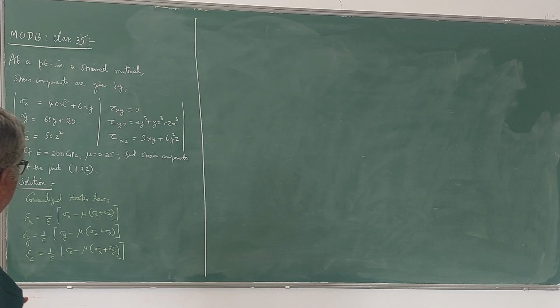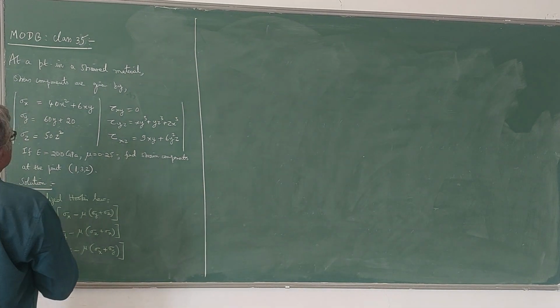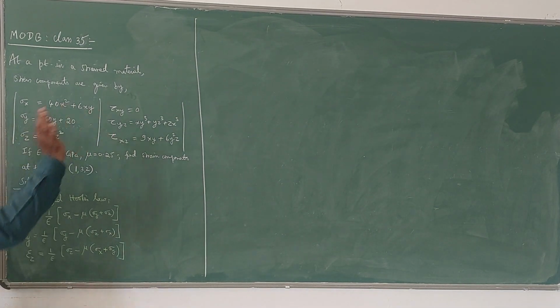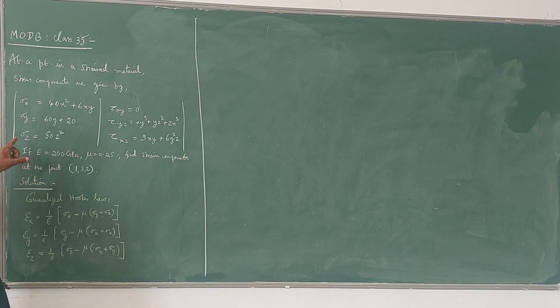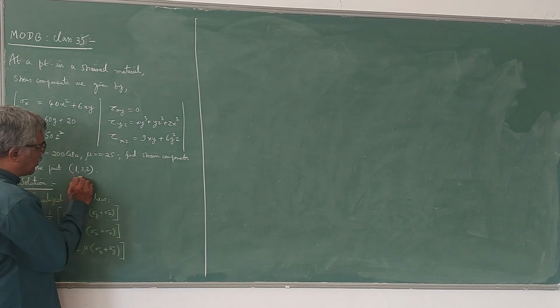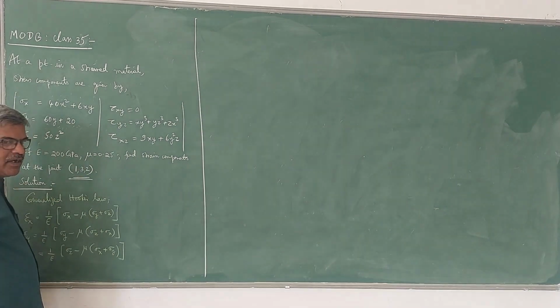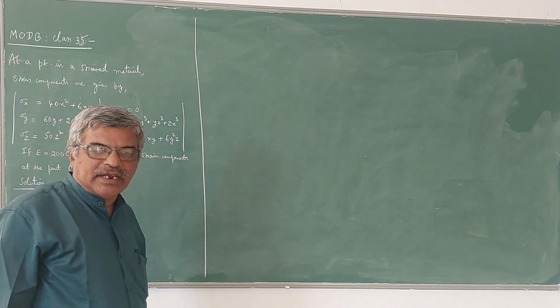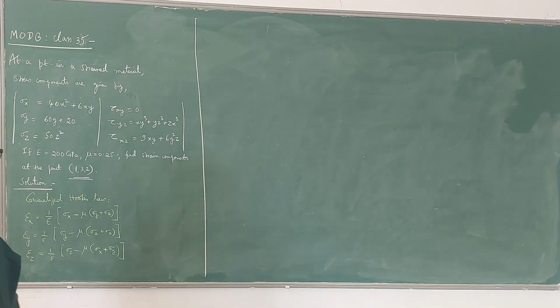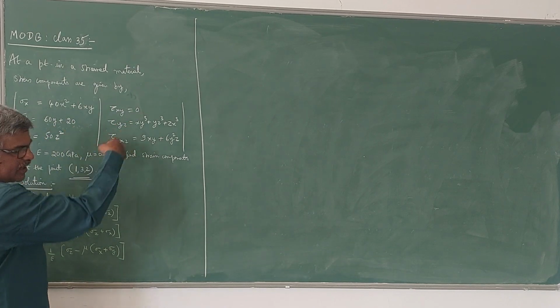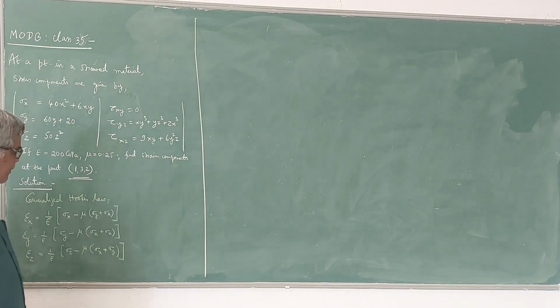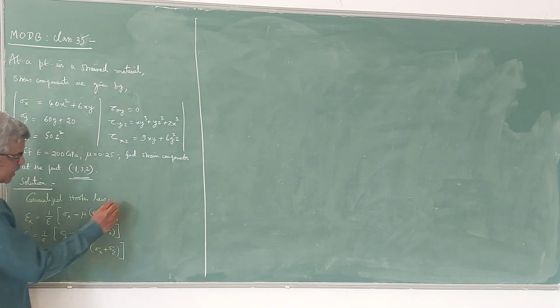Anyway, here he has given all the three stress functions in terms of x, y, z. Since we need the value of strains at some particular point, we need to substitute the values of x, y, z in the given stress field. So these are the normal strains.